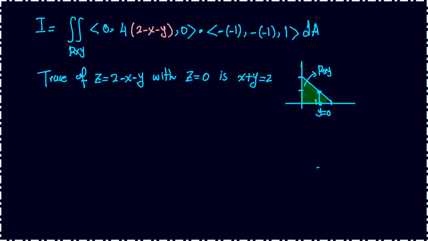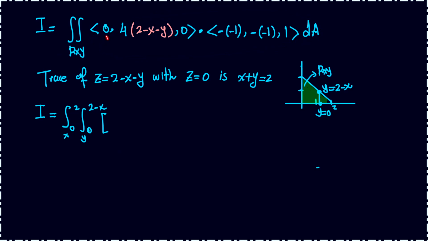Solve this for y. Y is 2 minus x. And within the region, x goes from 0 to 2. Okay, so our integral is going to be x going from 0 to 2, y going from 0 to the line 2 minus x. And let us now do this dot product.